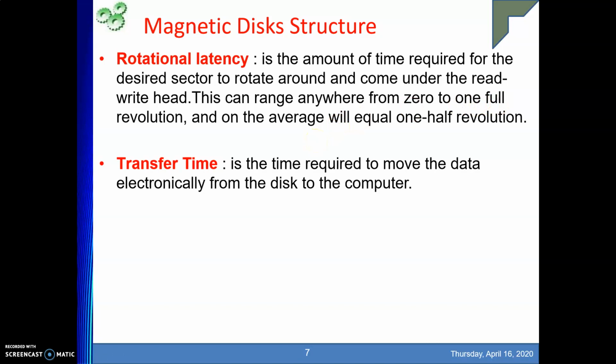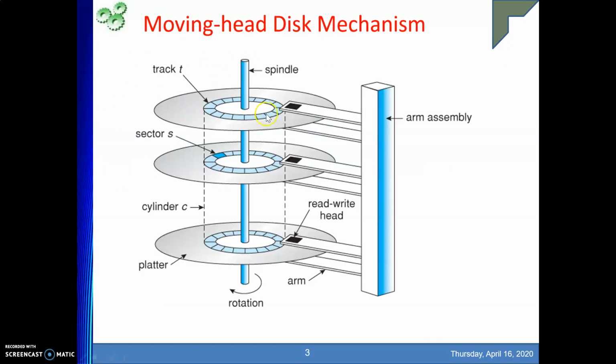So see here, first one is seek time. Seek time is to position the head under the track. Now see, inside one track, many sectors are there, and see how it is moving like this. If we need to get information from this particular sector, it will come very quickly.